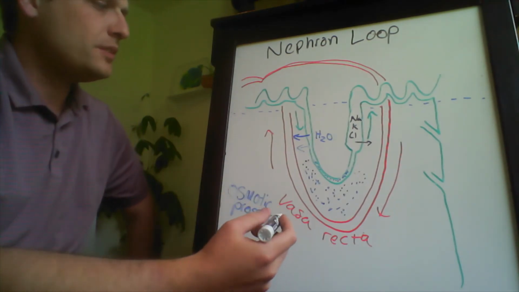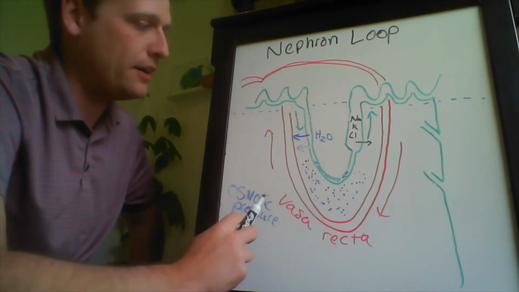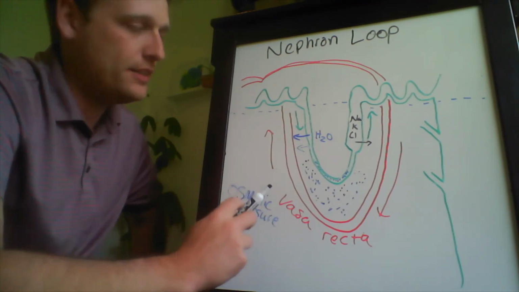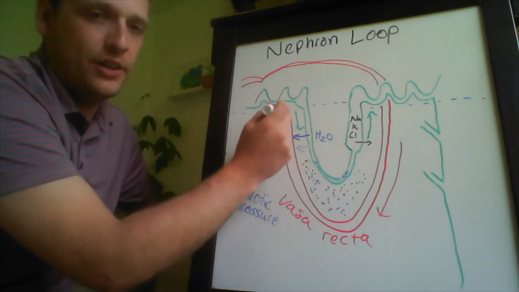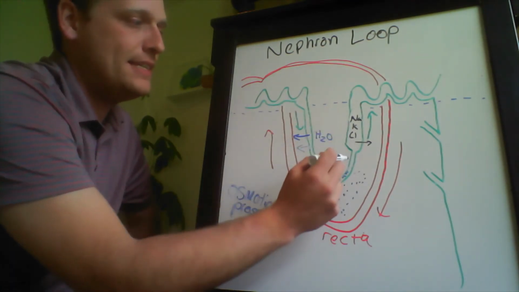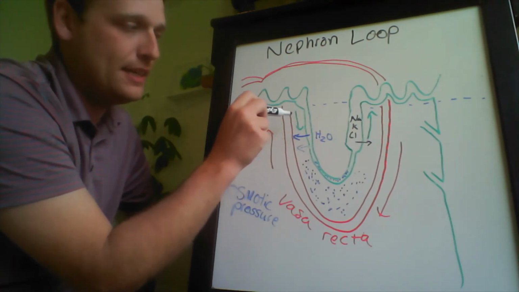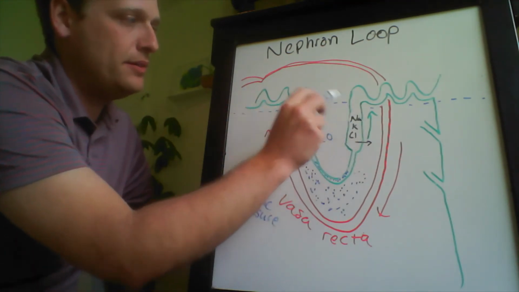So this is called the countercurrent multiplier. It's countercurrent because the direction of the current in the descending versus the ascending is opposite. You have the current flowing down in the descending and up in the ascending loop.